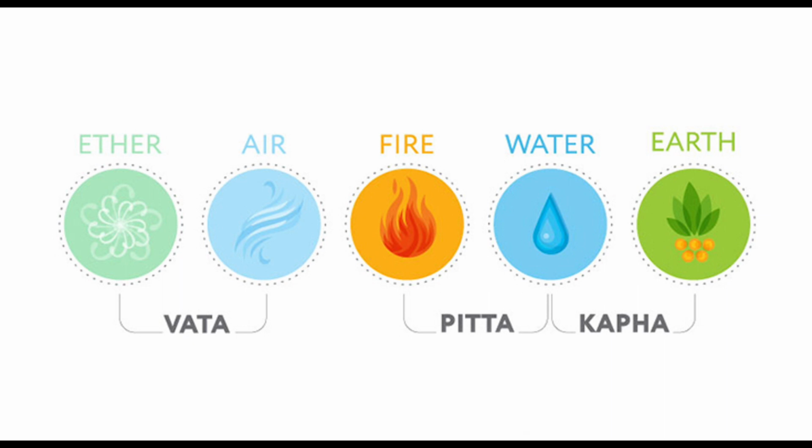So this main tissue, this secondary tissue, and this waste product are of rakta. Clear? Thank you.